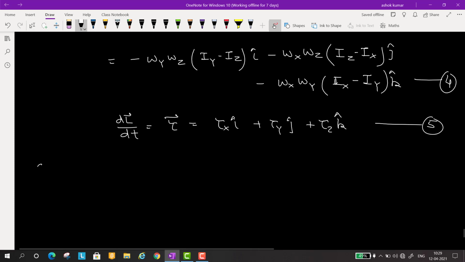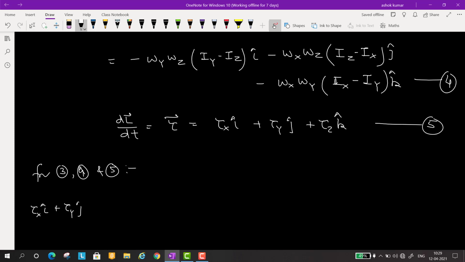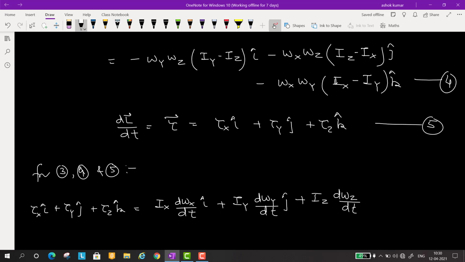So from 3, 4 and 5, combining all these equations, tau x i cap, tau y j cap, tau z k cap equals Ix d omega x by dt i cap, Iy d omega y by dt j cap, Iz d omega z by dt k cap.